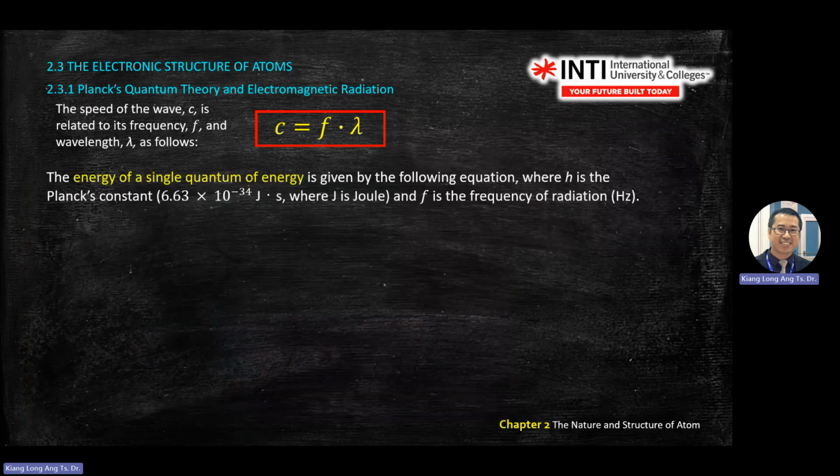Then we derive from here using Planck's constant, 6.63 × 10^-34. Usually Planck's constant will be given in the question. Then you need to write this equation: energy equals frequency f multiplied by h, the Planck constant.